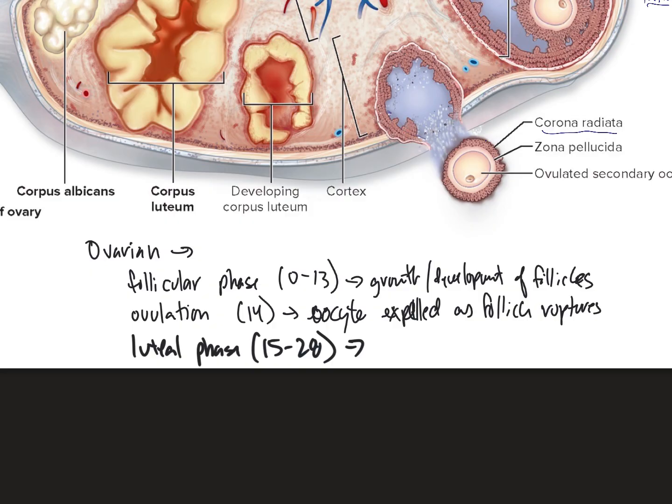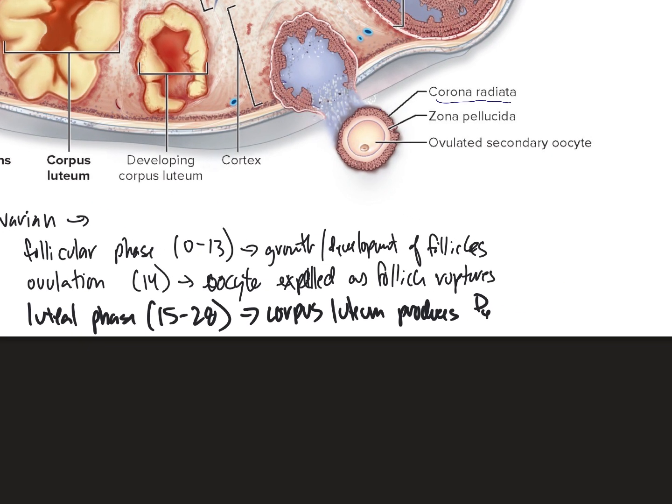And then the corpus luteum produces progesterone to prepare for potential pregnancy.